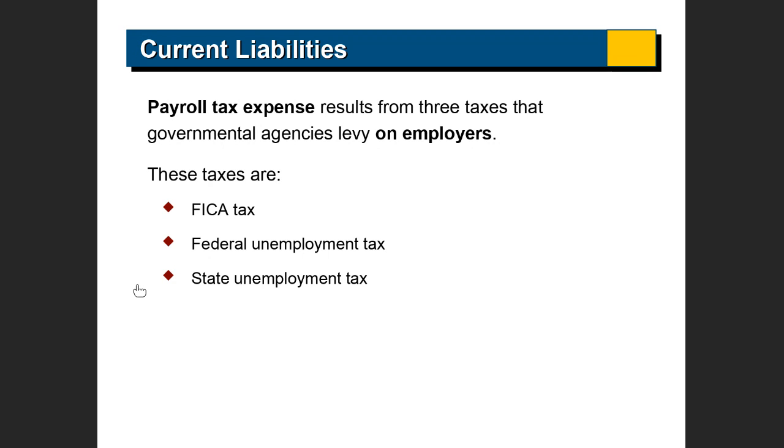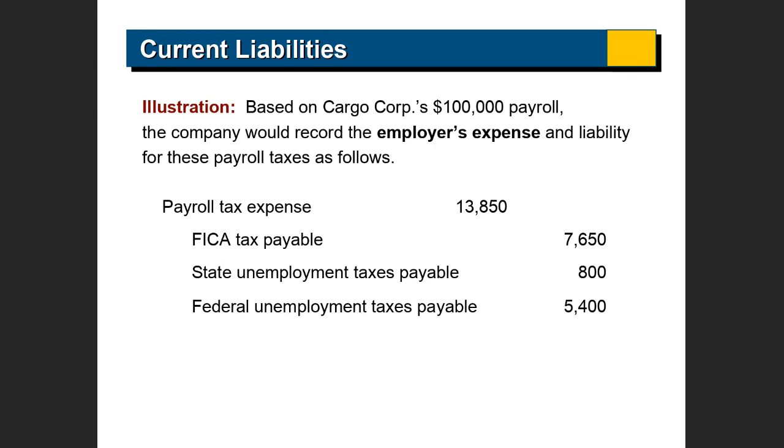So what happens to the employer's tax expense? The employer now has a tax expense of 13,850. This is on top of the 100,000 that the employer paid the employee, right? The employer paid the employee 100,000. The employee paid 33,000 of that from his or her pocket to the government, and the employer now pays, in addition to that, 13,850.